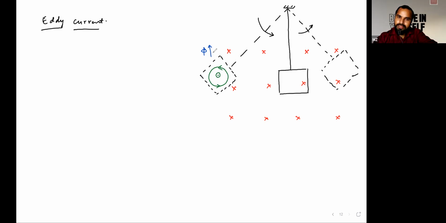Since this flux is increasing, the induced EMF will tend to oppose it by repulsion. As the magnetic field is in inward direction, the induced EMF will produce a magnetic field in outward direction. Cross will represent the inward direction of magnetic field and dot will represent the outward direction of magnetic field.